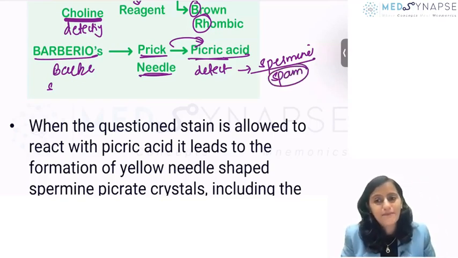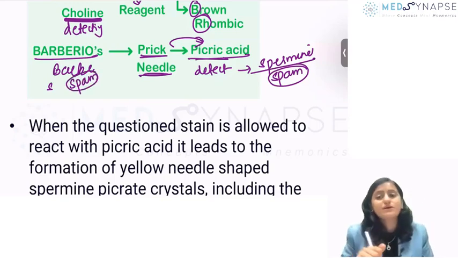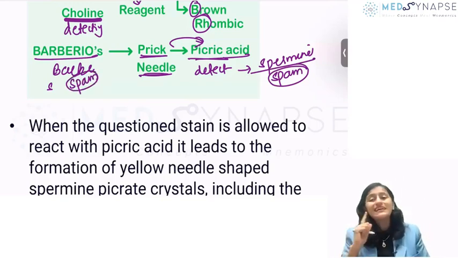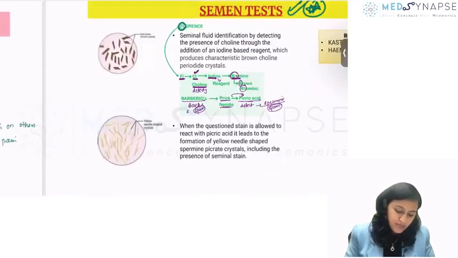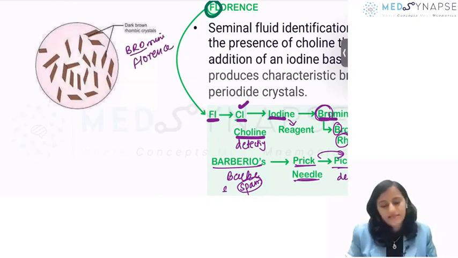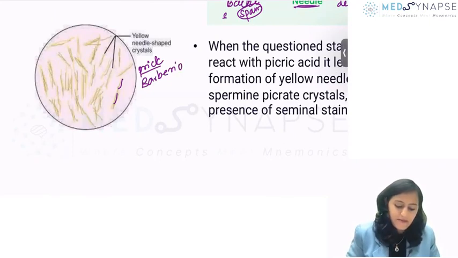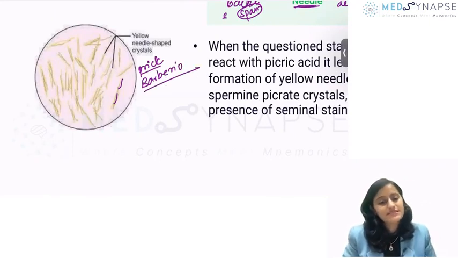A spam, right? So spermine, barber does a spam. So remember, it is spermine in Barberio's, picric acid, and needle shape is what you get. So look at the images when they give you an image-based question. Brown rhombic, the bromine one, is Florence's test. When they give you this needle shape, that is the prick caused by the barber, that is Barberio's. Is this clear with everyone?